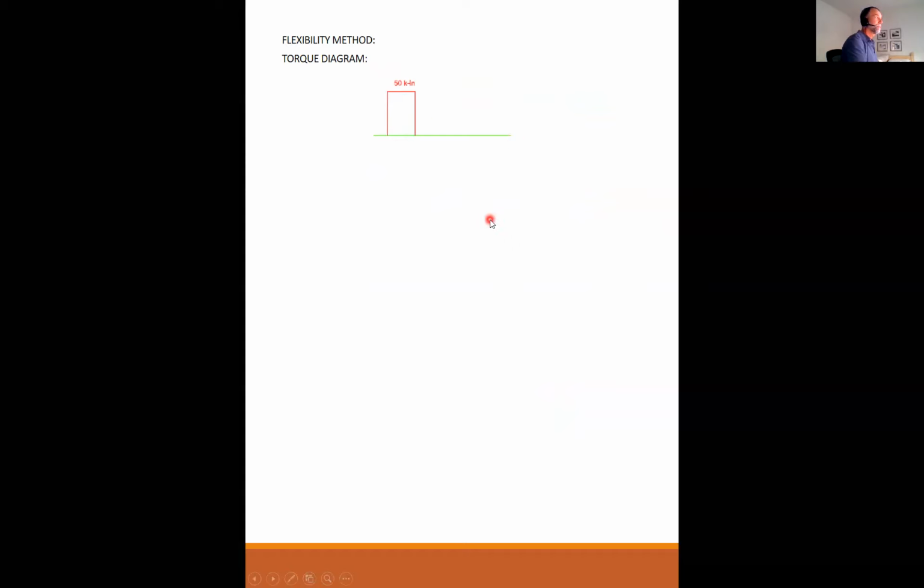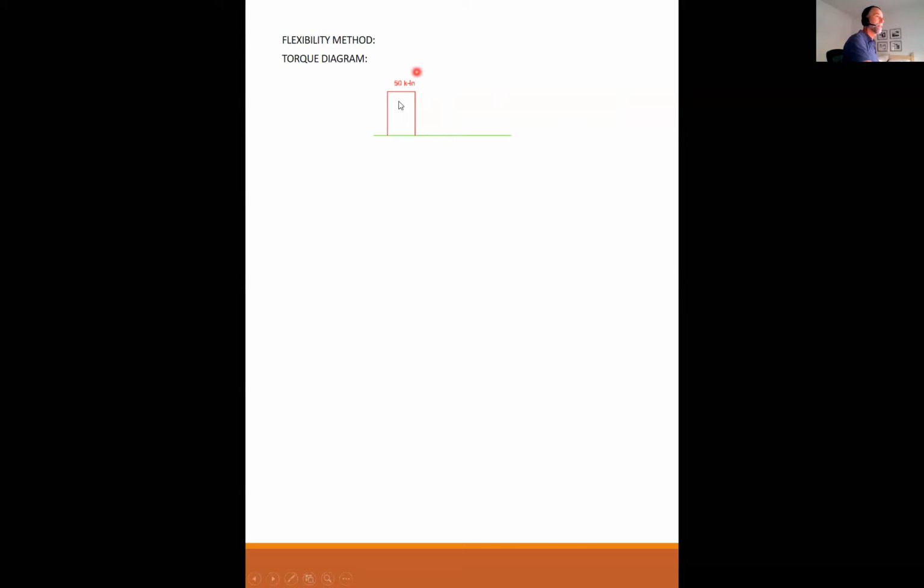C is not released. C is fixed. The problem is fixed at A, fixed at C.